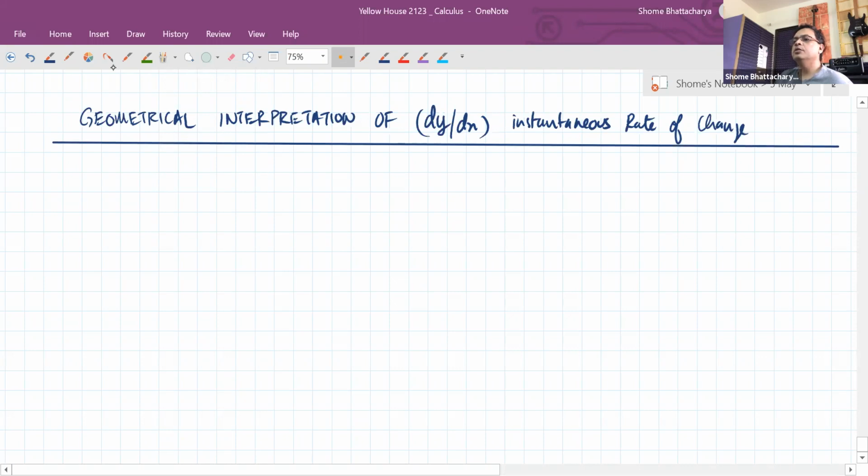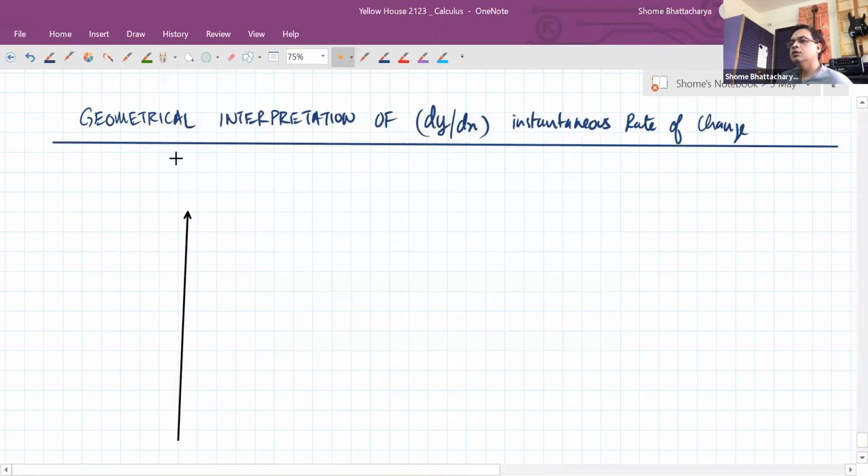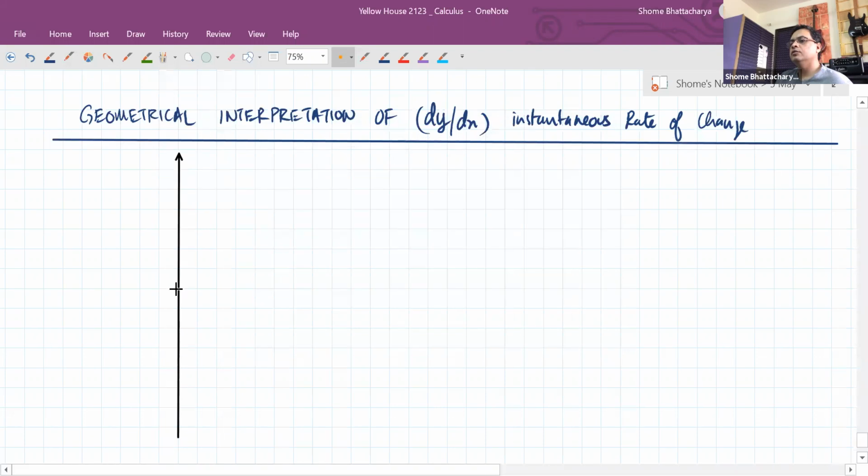Okay, so again, this is going to be a bit of an abstract business, but it will give us a bit more clarity about what we are doing, at least from a visual perspective.